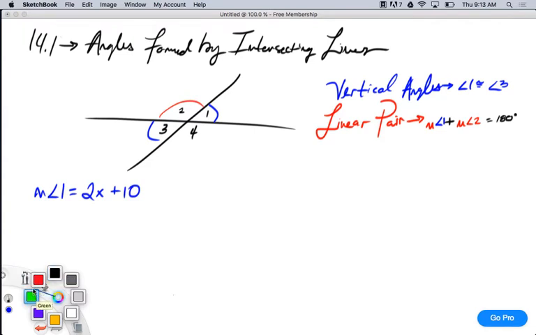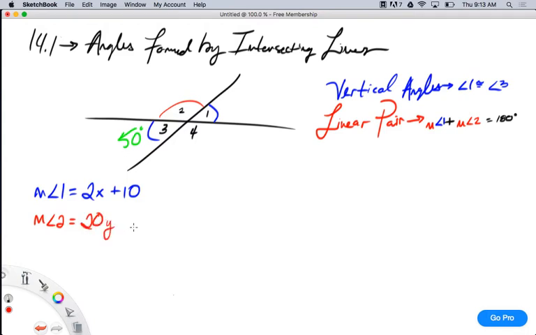And I could tell you that angle 3 is 50 degrees. And the measure of angle 2 is 20y plus 30. And say, go ahead and solve for x and y. So go ahead and do that now.